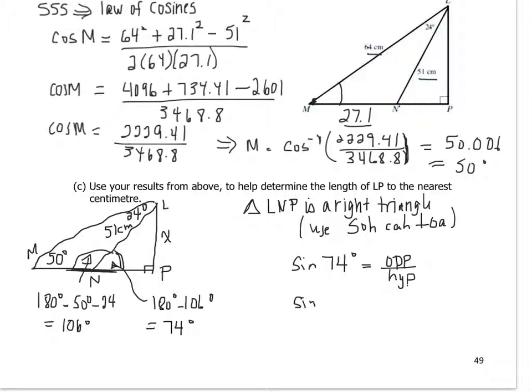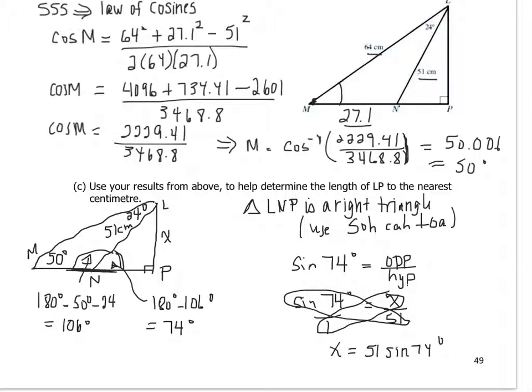So sine of 74, in this case the opposite is x and the hypotenuse is 51. Then we can just cross multiply to get x equals 51 times the sine of 74, which is 49.024, so it's about 49 to the nearest centimeter, so 49 centimeters.